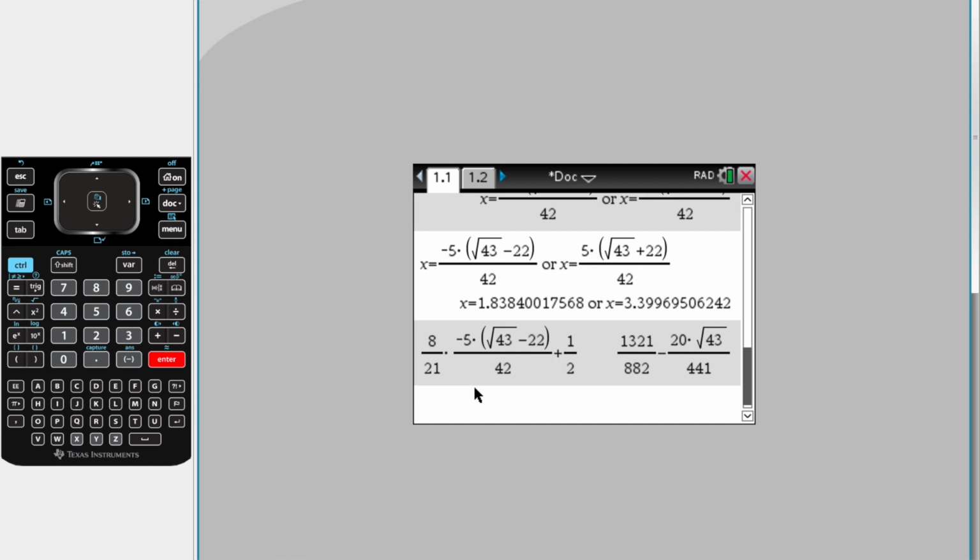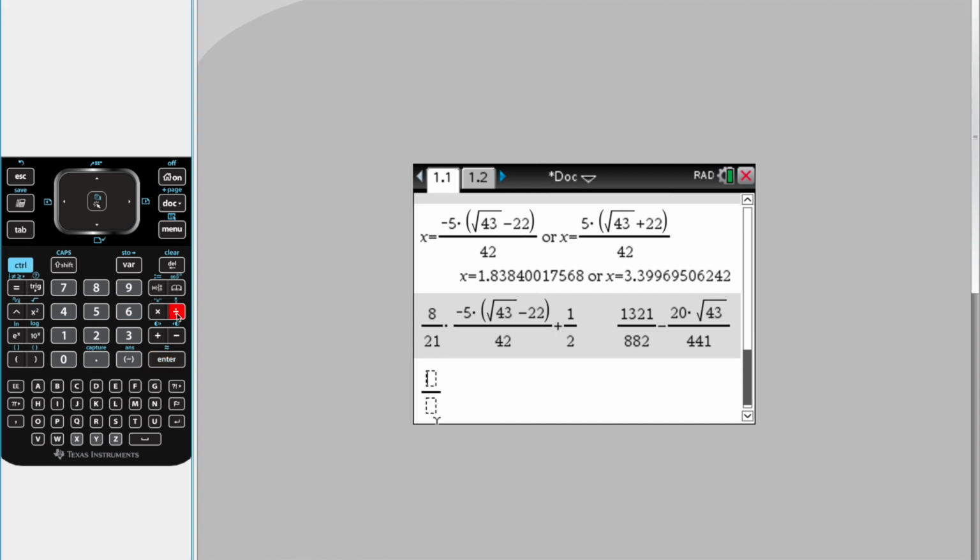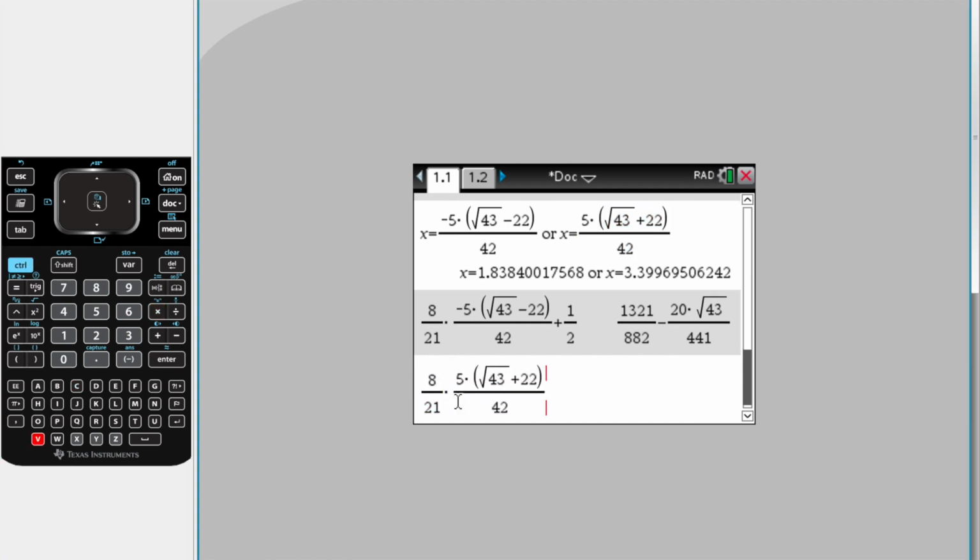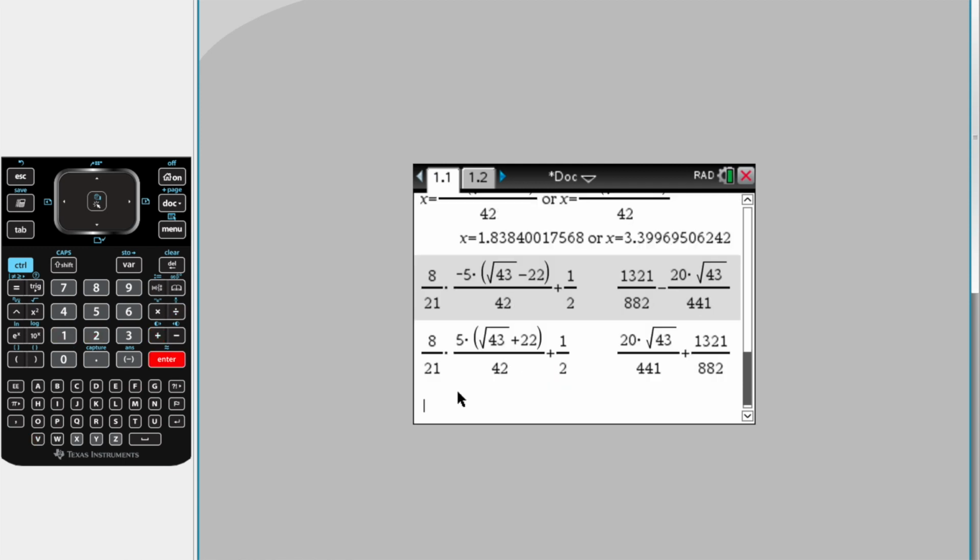All right, and then I'm just going to do the same thing with the second one. So we're going to go 8 on 21 times, and this time I'm going to scroll over this one and highlight, Control C, straight in, plus a half. Enter.